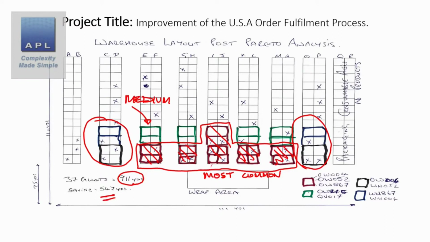And by the way, don't forget, this isn't just about it saved this distance for picking. You've got to put it away as well. So you are doubling the benefit, because you've also saved 550 yards putting this stuff away. Very quick and easy benefit.